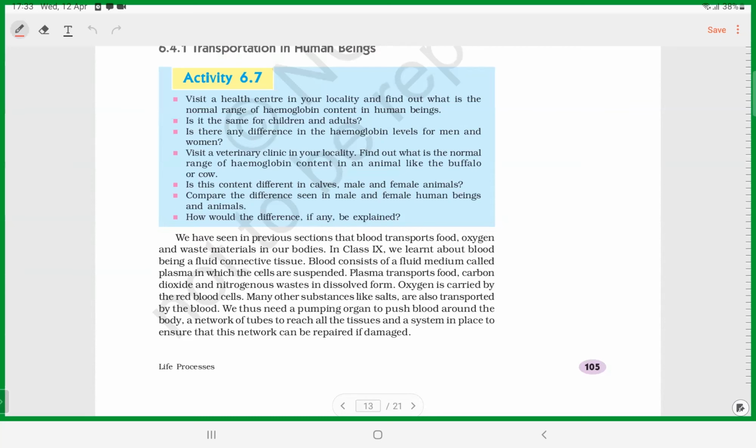And then human respiration, the components of human respiration, how the air enters, what mechanisms occur, inspiration, expiration, and how the gas exchange occurs in the body. This is what we discussed till now.